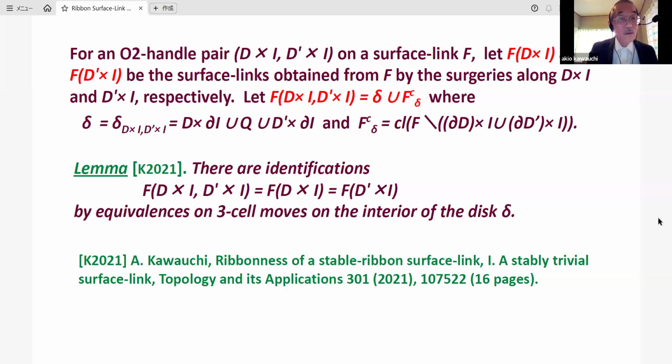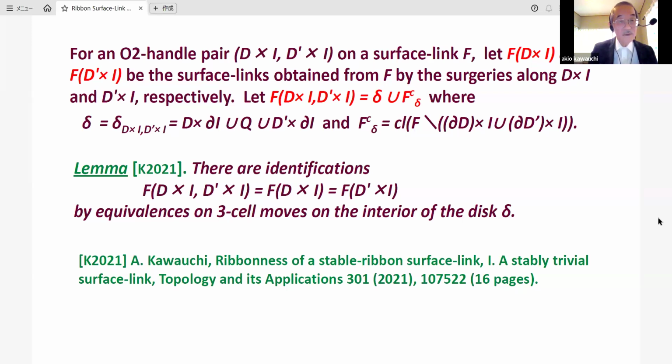For an O2-pair D×I, D'×I on a surface F, let F_{D×I} and F_{D'×I} be the surface links obtained from F by the surgeries along D×I and D'×I respectively. Let F_{D×I,D'×I} be the union of Δ and F∖Δ, where Δ is a plumbing disk.